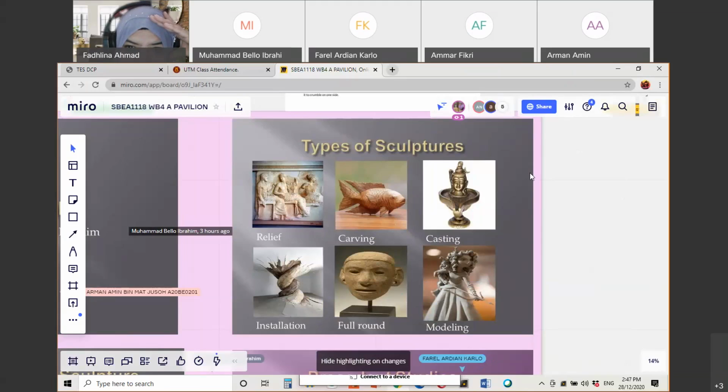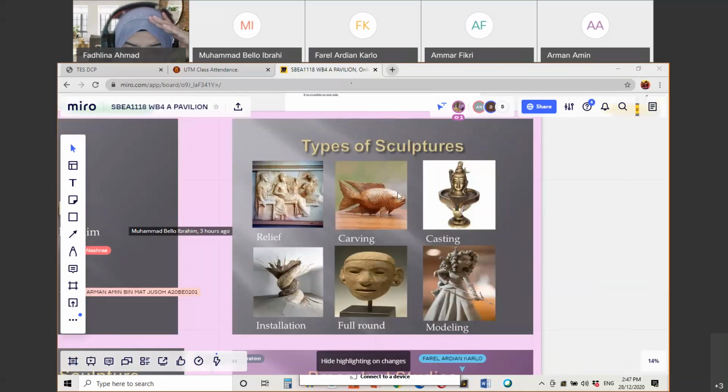And the casting is when you, let's say making a sword, add metal into a shape to give it a shape. And the installation sculpture, I'm not sure.